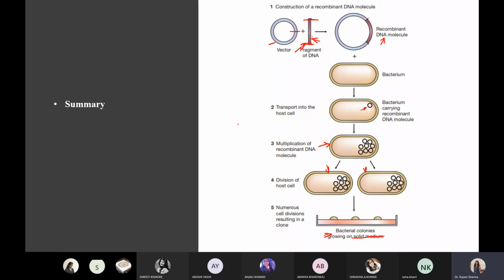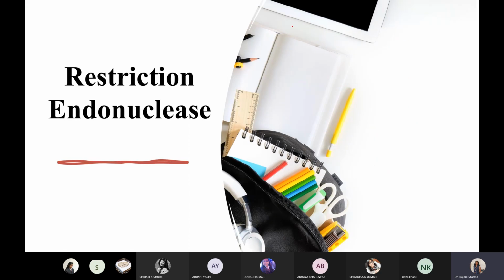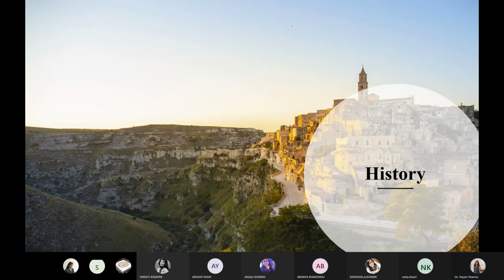So in both cases, either to isolate our desired fragment or to insert it inside the vector, we need something like scissors. So, biological scissors. What is the biological scissors here? Restriction endonuclease is the biological scissors which is now used in all the areas where we need to insert our desired gene.